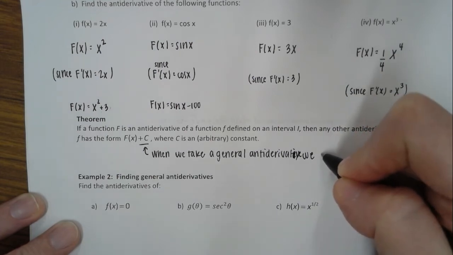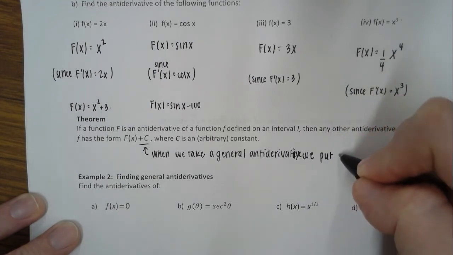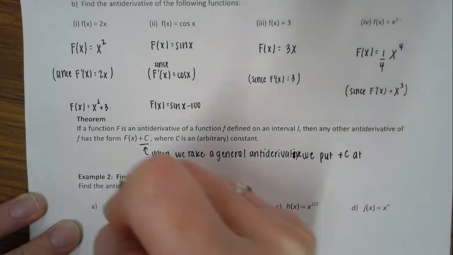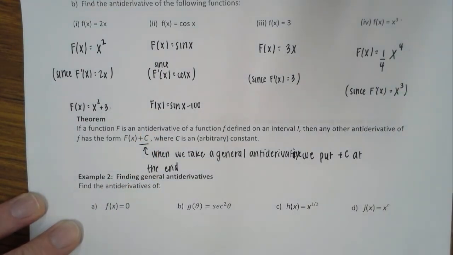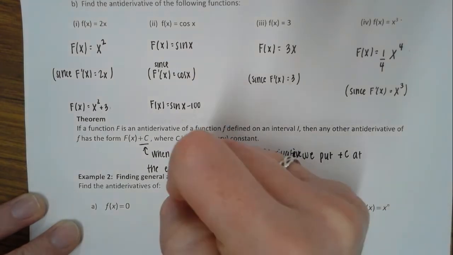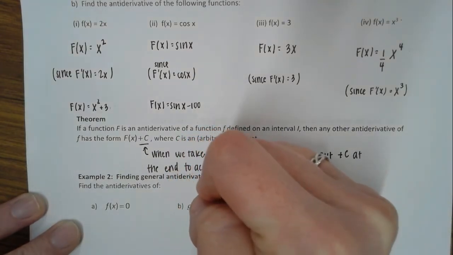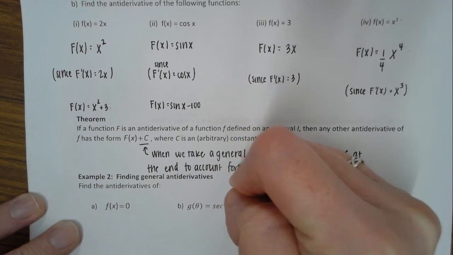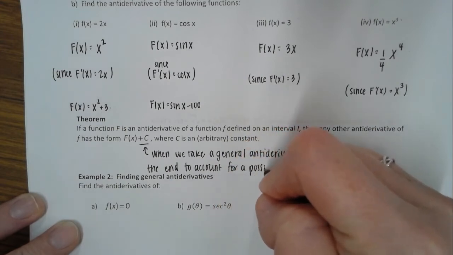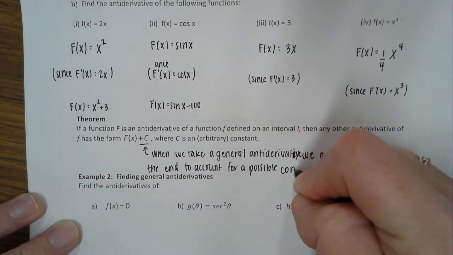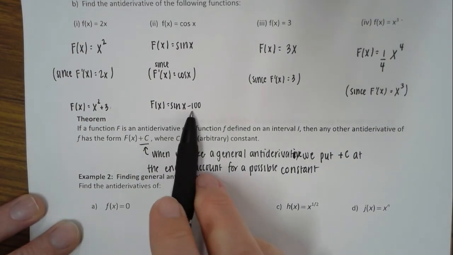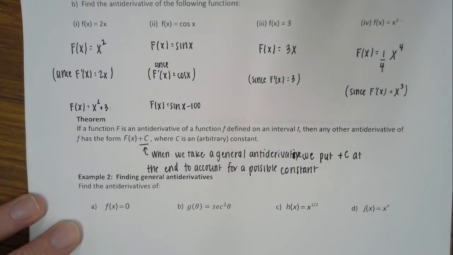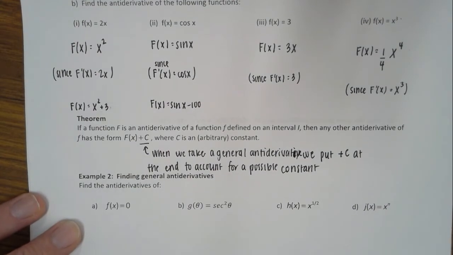We put a plus c at the end to account for any constant that could have been there that went to 0 in the derivative process. And there didn't always have to be a constant, so it could be a possible constant. So there could have been a number there, but there also could have been just plus 0 here, because that would have also just gone to 0 when you do a derivative of that.